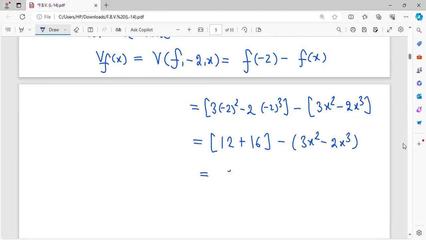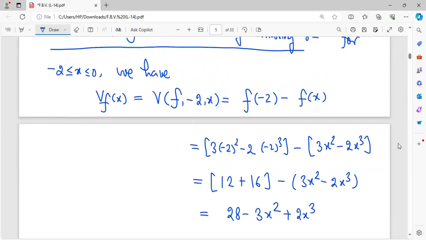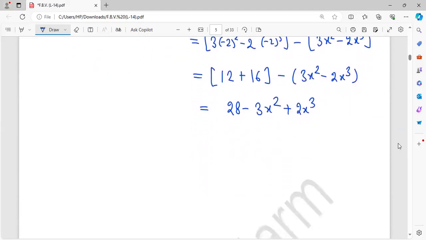So this is 28 minus 3x squared plus 2x cubed. So the variation function is this on the closed interval minus 2 to 0.